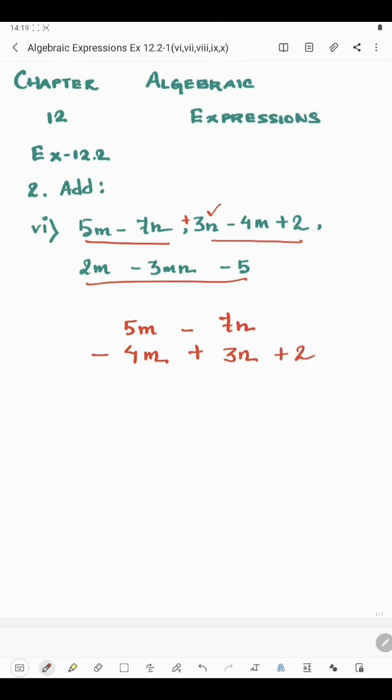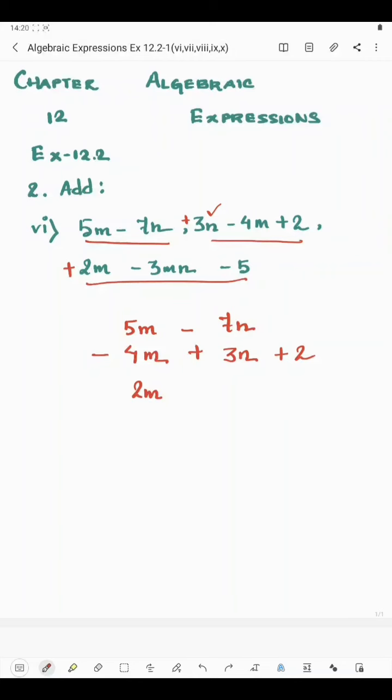Okay, now after this comma is given, after the comma is the third expression. Now in the third expression we have 2m minus 3mn minus 5. Now the m term is here. In front of 2m no sign is given, that means it is considered to be a plus sign, right? So 2m will be plus.